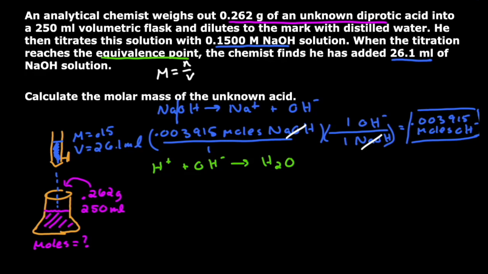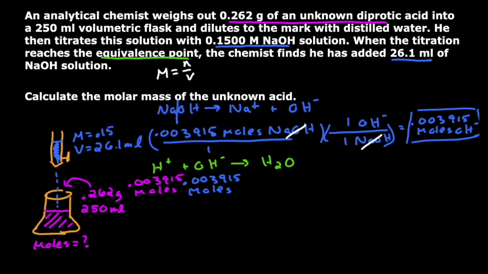And so if I've got 0.003915 moles of this OH right here, that's going to be the number of moles of this H plus right here that I'm going to have to neutralize all of this and make H2O. And so this number right here is going to be 0.003915 moles of this H plus right there.